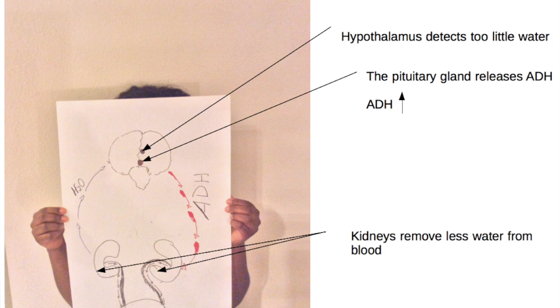What ADH does, basically, is what I said. It is produced by the pituitary gland, and it has the ability to control the water that passes through the cells in the wall of the collecting tubule.